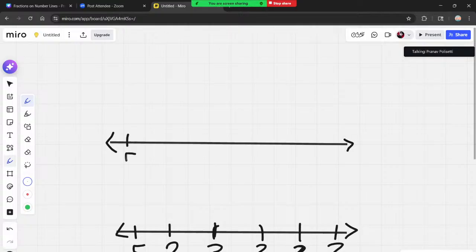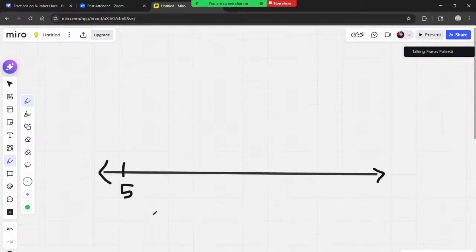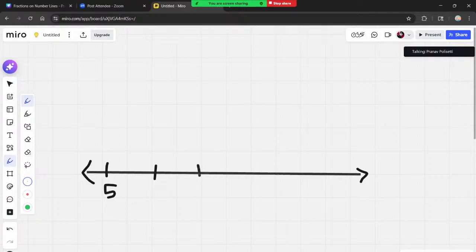So we start at 5, and so we have 1, 2, 3, 4, and 5 vertical lines. Now, when we jump over to the next vertical line from 5, we take 5 and then we add the number 1.